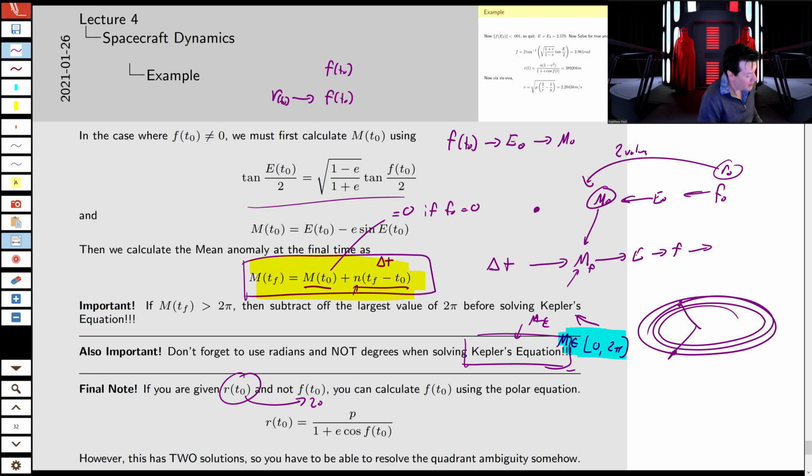Other than those warnings, those are the things that people mess up most often, so I thought I'd write them down on the slide. Other than that, the process is relatively straightforward. It's just that going from mean anomaly to eccentric anomaly requires a couple of iterations.